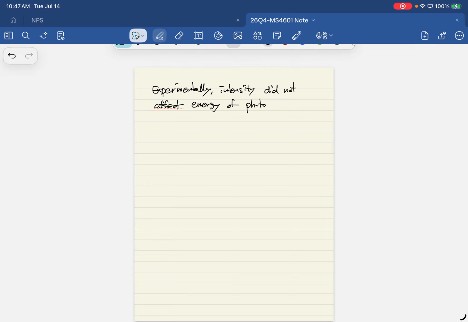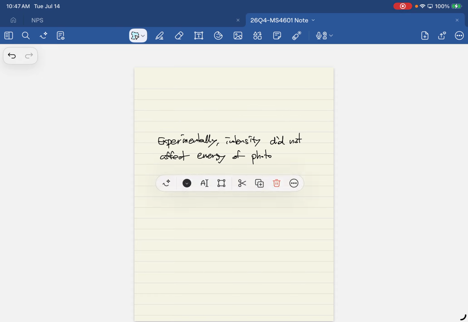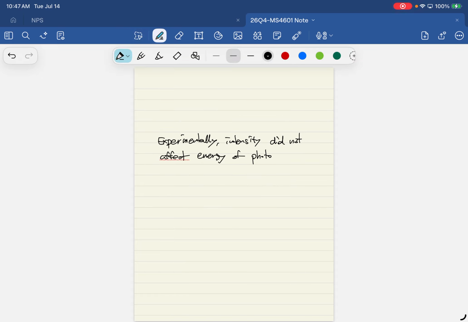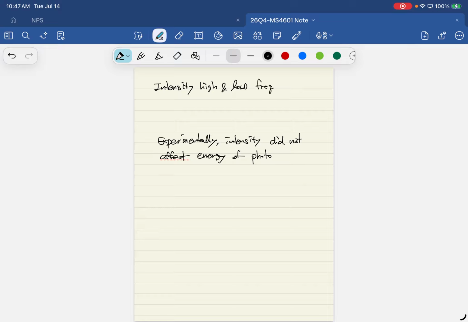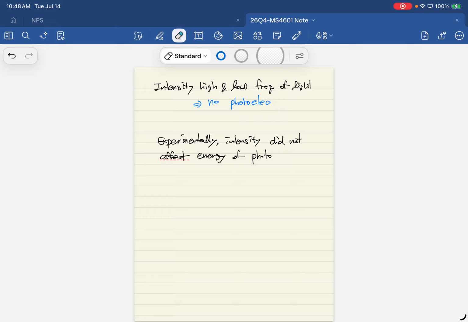So let's say the intensity of light is high, and they use a low frequency of light: no photoelectrons generated.